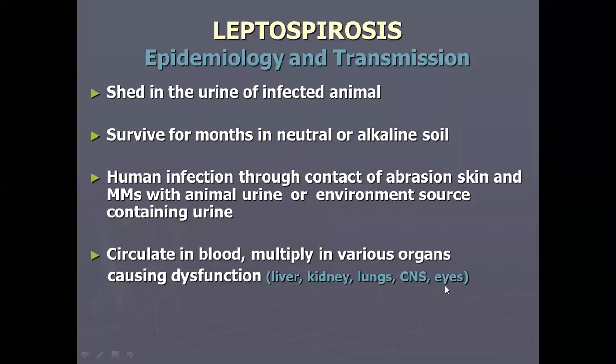And in the eye, there is conjunctival infection, with redness of the entire eye area. So the symptoms of the disease correspond to the organ involvement: liver involvement gives jaundice, kidney uremia, lungs hemorrhages, CNS aseptic meningitis, and eye conjunctival infections.